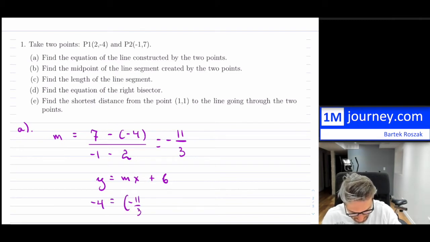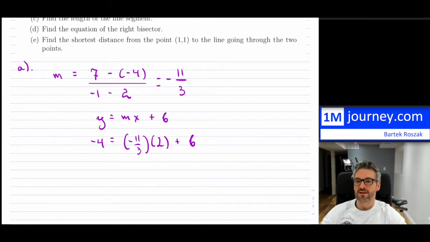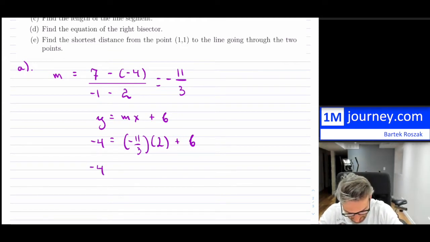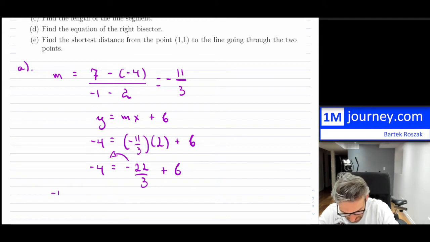The slope is kind of ugly, so be it. You'll see these numbers aren't really the nicest, so let's work through them. This is -4 equals -22 over 3 plus b. Bring this over to the other side, and we will have -4 plus 22 over 3 is equal to b.